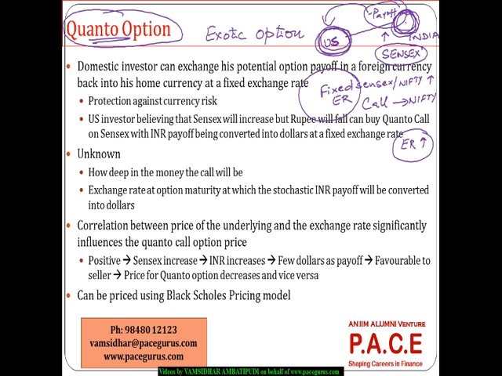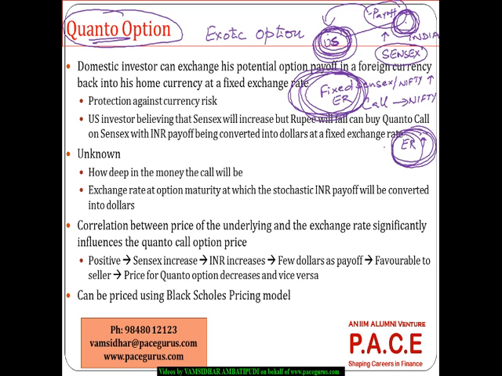So even if the exchange rate has gone up, it would be converted at a lesser exchange rate itself, which means we are going to get more dollars for it, right? If the payoff is higher, even if the exchange rate has gone up, you will go for a fixed exchange rate itself, which means you will get higher dollars.